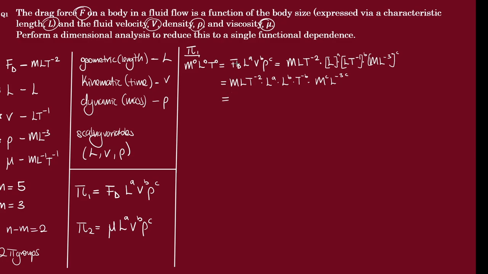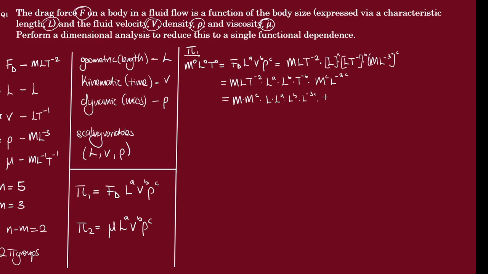Okay, for simplification purposes, we can join these together. So that's M dot M to the c, so I'm just trying to bring the terms together, multiplied by L, that's L to the a, that's L to the b, that's L to the minus 3c.